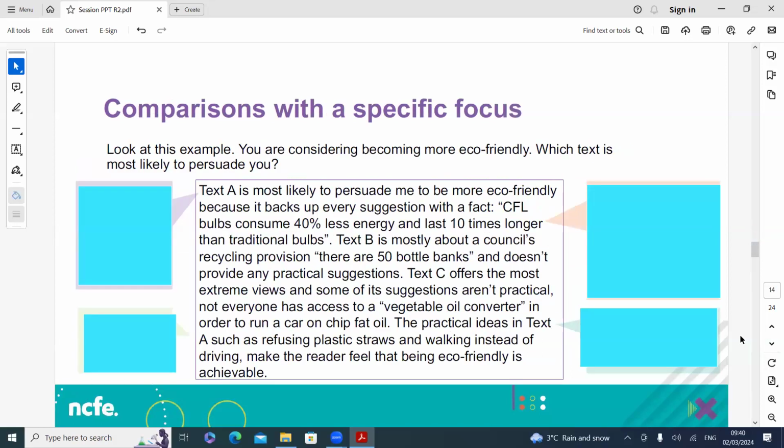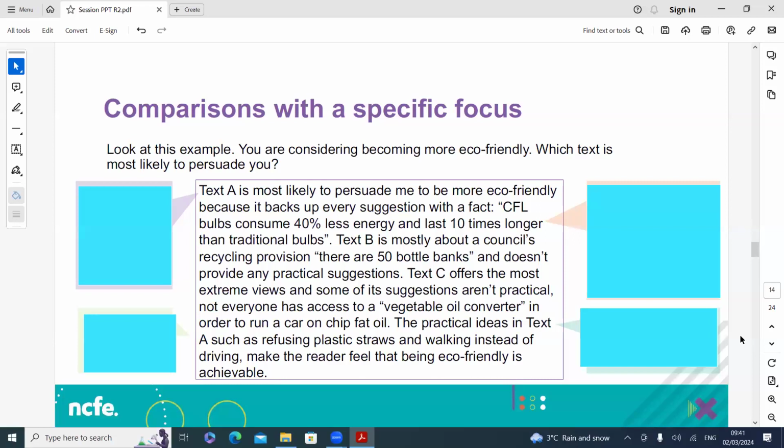Okay, so rather than just comparing and contrasting, you could be asked to compare with a specific focus. So in this, we'll look at this example answer. So the question for this answer was, you are considering becoming more eco-friendly.